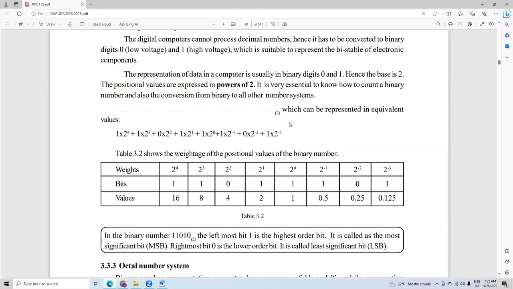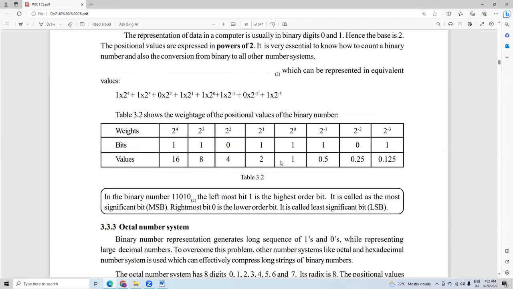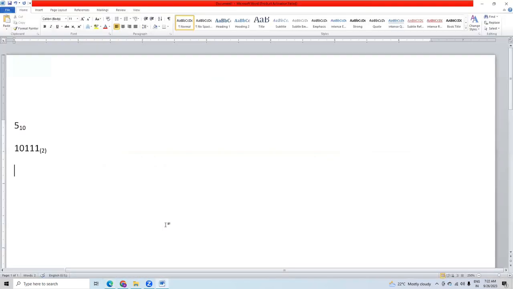So here, let us see, there is a number here. Once again, if there are decimal values, you have to take them on the negative side, right? Negative powers. So first we will see a simple one.